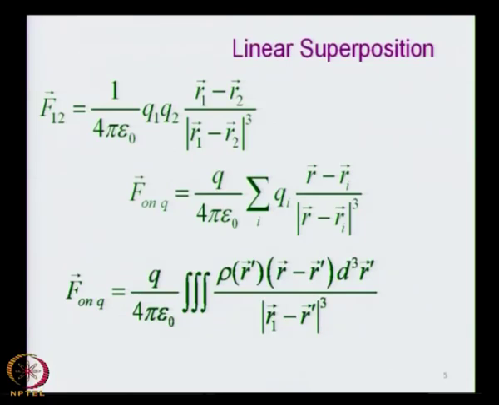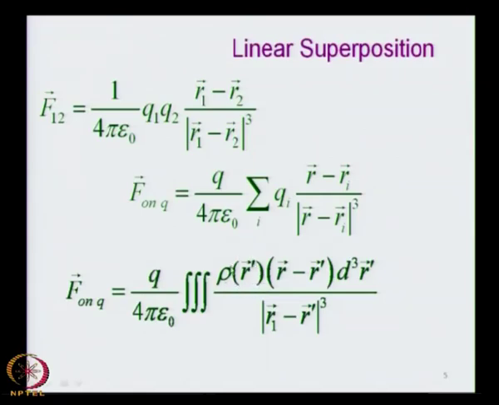Not only that, if these charges are not point charges, but they are spread out, they are smeared out in space, then of course the other charges must be recognized as volume integrals of the charge densities. So, the volume integral of the charge density comes if rho r prime is the charge density.